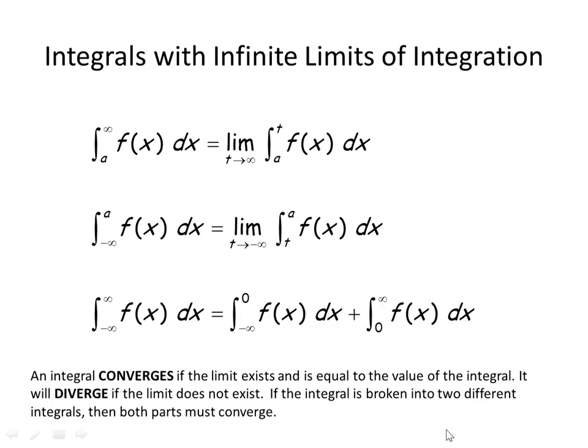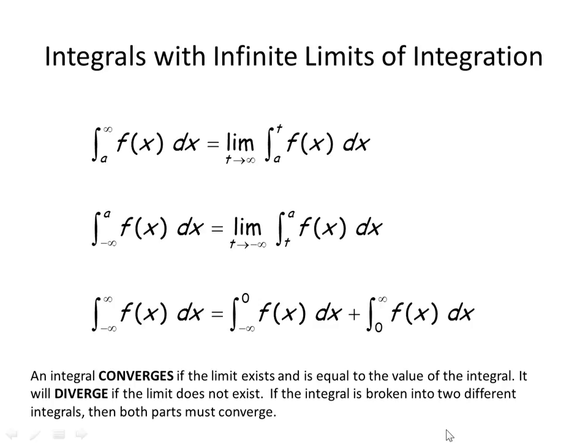So what we're going to do is this. Watch. Remember on the previous slide I told you that you had one of two things going on. Either one, you're going to have a number to infinity of a function. If you're trying to find the antiderivative or the integral from a number to infinity, this is what you're going to do. Basically you're taking the infinity out of play, and you're going to do this integral.